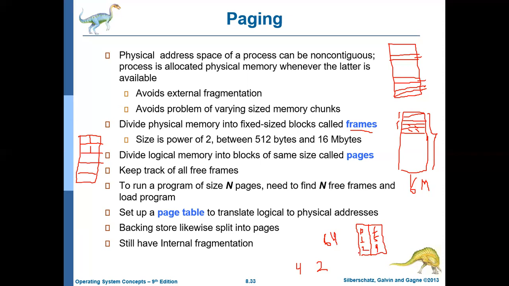This particular page is going to a different particular frame number. So there will be a mapping from every page number to a frame number. Every page is to be mapped with a frame. This table is known as the page table.